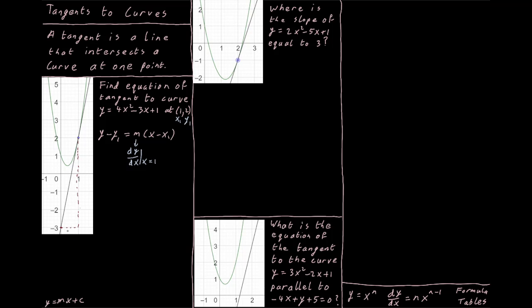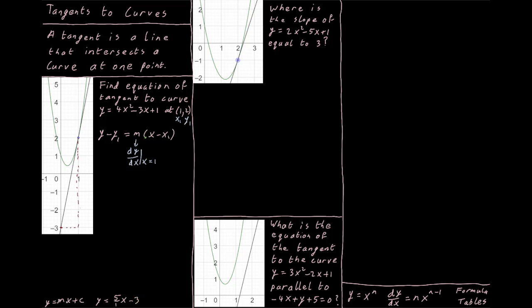So rise of 5 over run of 1, so my slope would be 5 over 1. So I know from my picture that the equation of this line should end up being y is equal to 5 over 1 x minus 3.